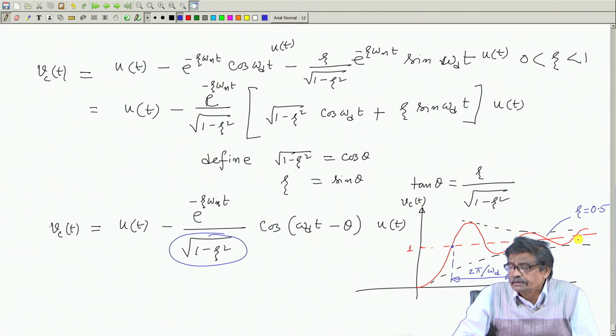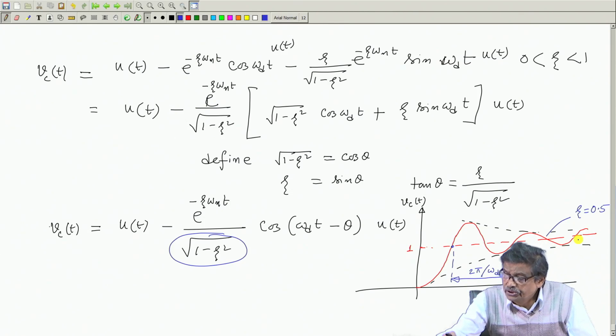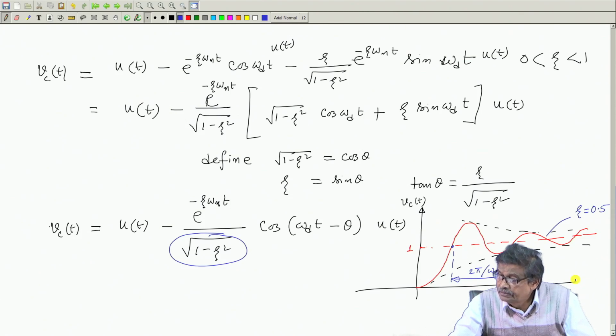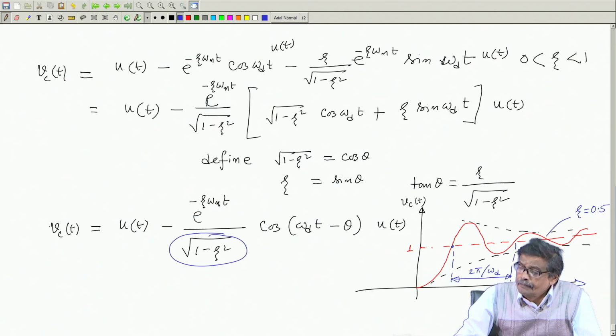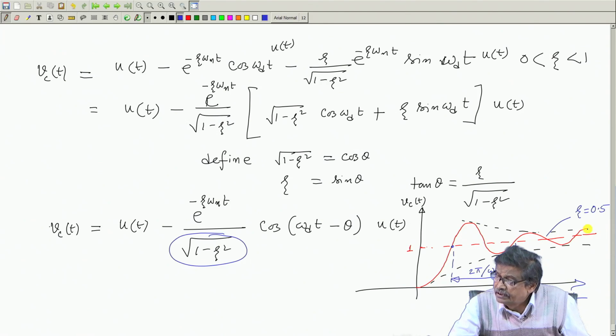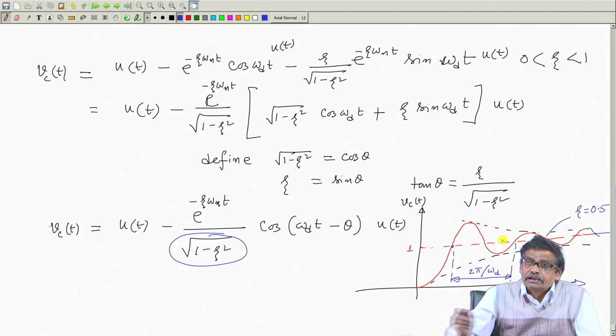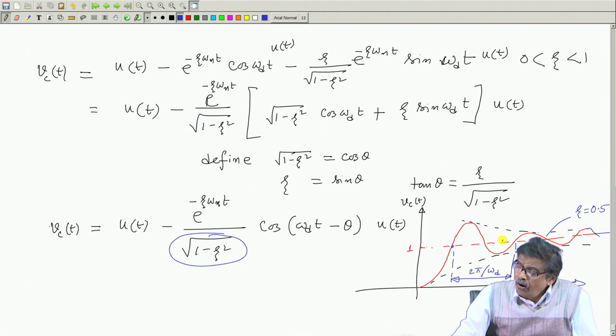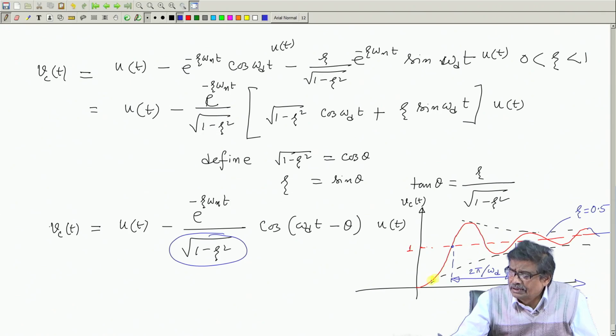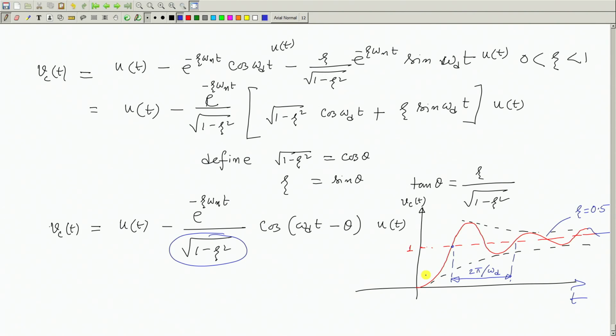Similarly, it can also have oscillations with reduced amplitude as time passes, mind you this is the time axis, and finally it will settle down to the final capacitor voltage, or it may be critically damped, that is, it will go exponentially, with neither overshoot nor undershoot.